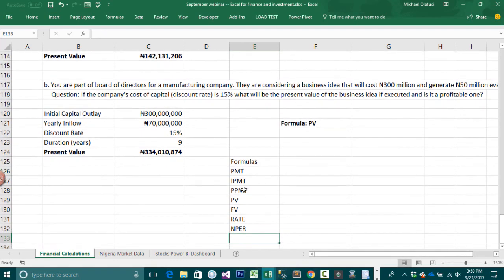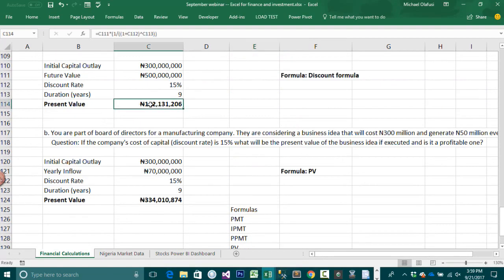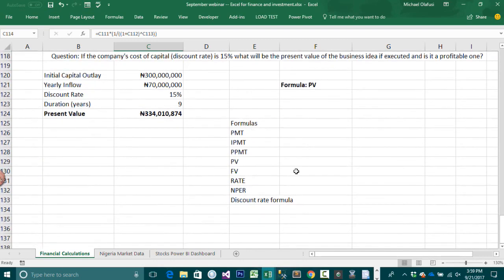These are financial formulas in Excel you should be familiar with. Then you should also learn how to do discounting. So also go and learn the discount rates formula, because that was what I used in this situation, right? You should try to Google it and be familiar with it. But these are the ones that are already inbuilt into Excel that you will find very, very useful.